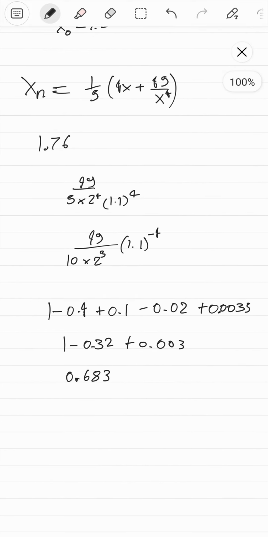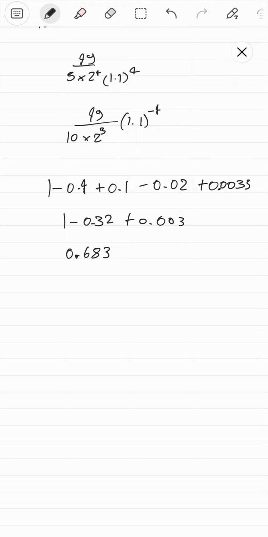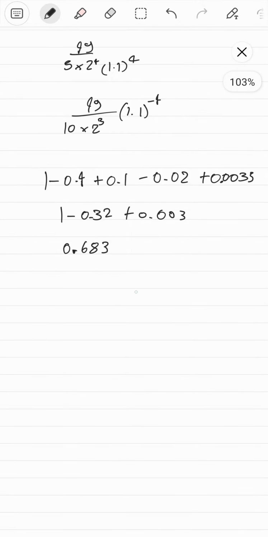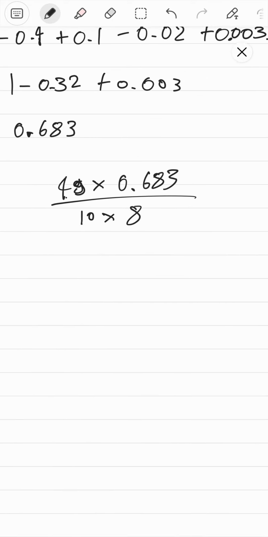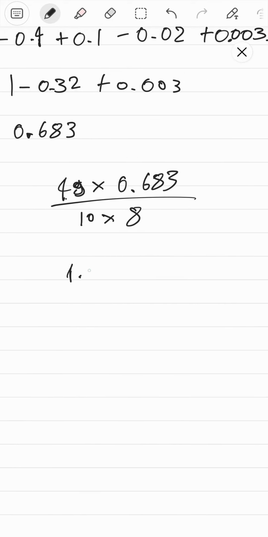So that's this part, and then you actually have to do 49 and then all that stuff. Okay, 49 times 0.683 upon 10 times 2 power, like 10 times 8 basically, right? Okay, what I'm thinking is maybe we can just write this as 48 approximately. Nah, just do it the proper way. So it's 4.9 times this thing upon 8.